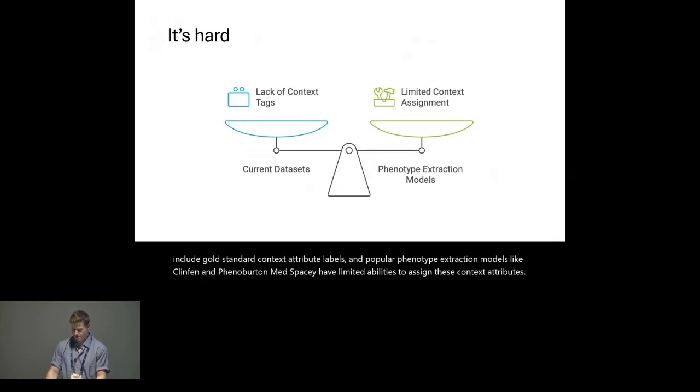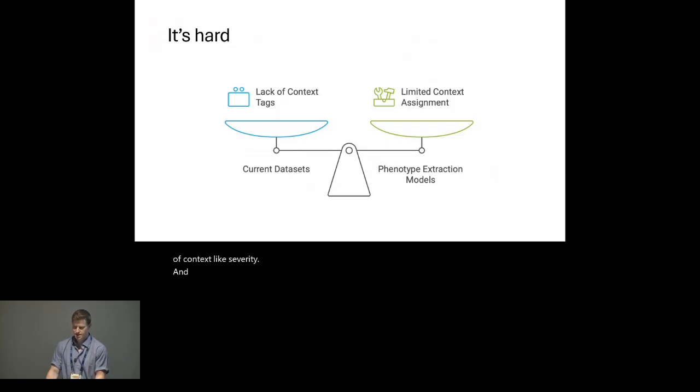When I'm talking about context attributes, I'm going to specifically be referring to negation, family history, and hypothetical flags. There are other types of context like severity and granularity, but that's not what we're going to be considering right now.